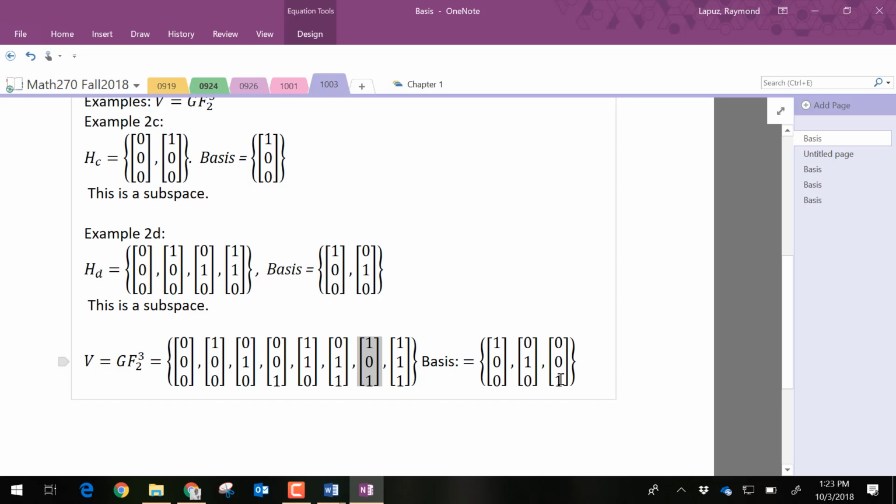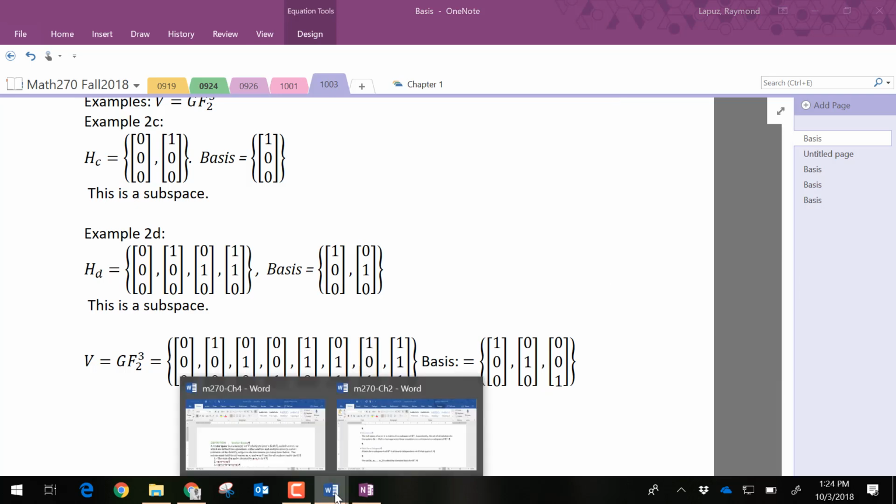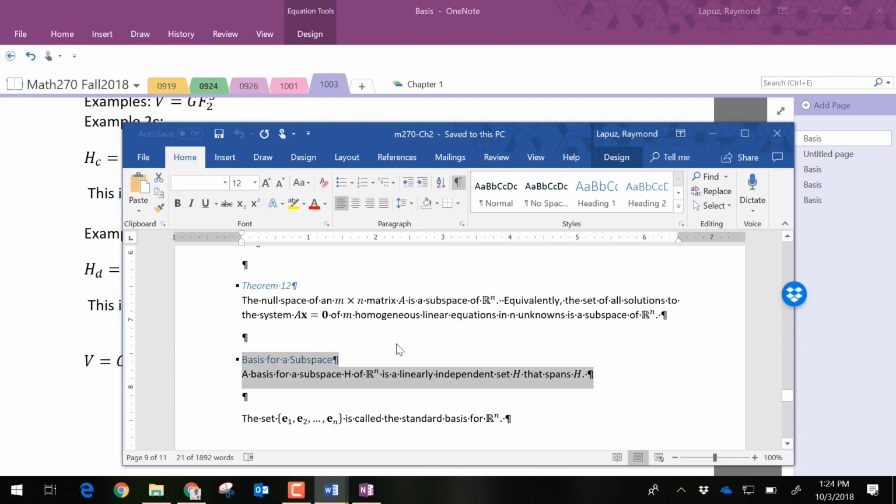So I don't need to include 1, 0, 1 in my basis vectors because I have 2 others that can represent that. Okay? Yeah, the smallest amount. Okay, good.